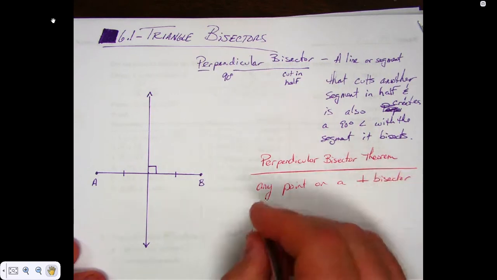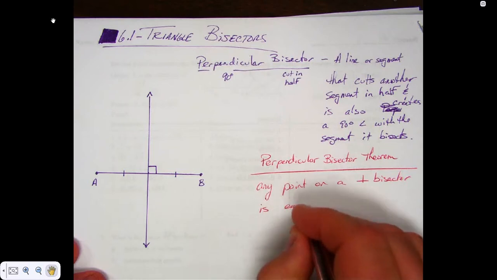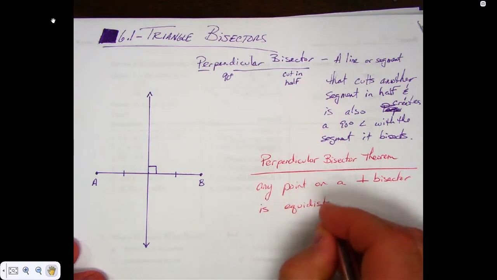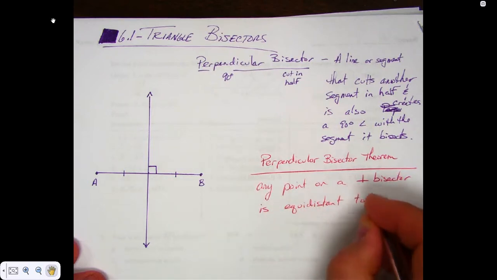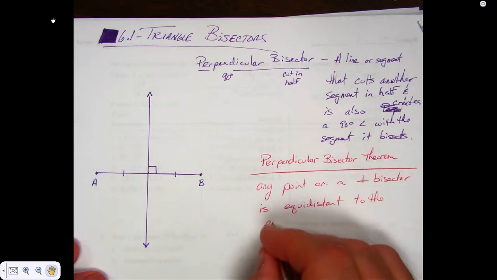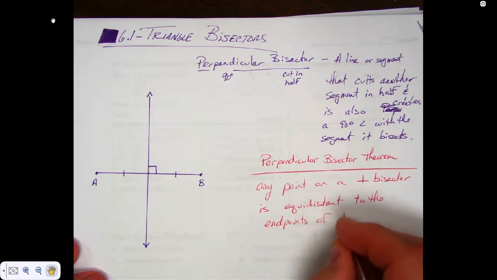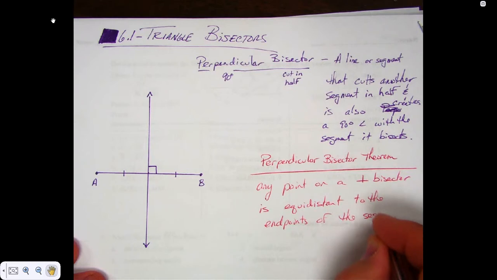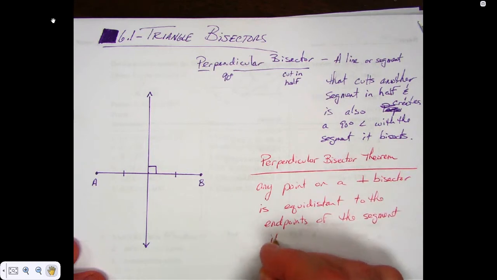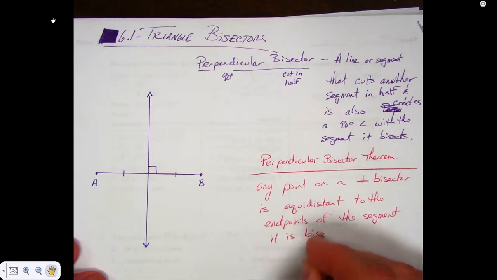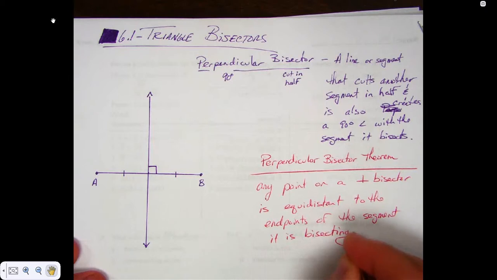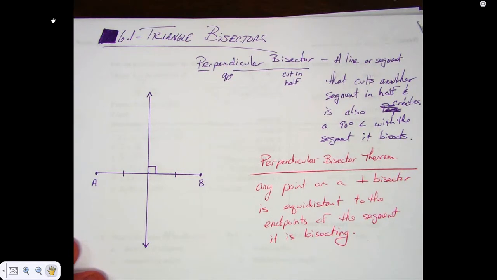Right. Is equidistant to the endpoints of the segment it is bisecting. And what do you think that means?